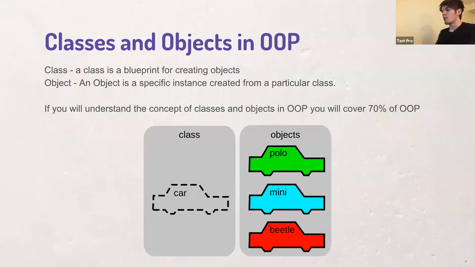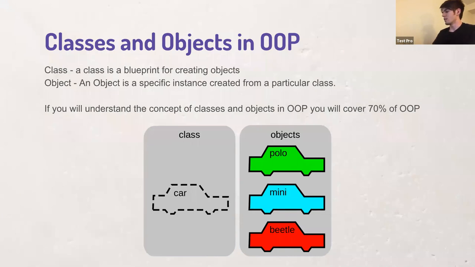And you can also add additional parameters to your objects. You can make your class more adjustable, so it will take some parameters. Let's say you can specify the color of your car. Once you instantiate the class, you can specify that you want the first object to be a green car, the second one a blue car, and the third one a red car.